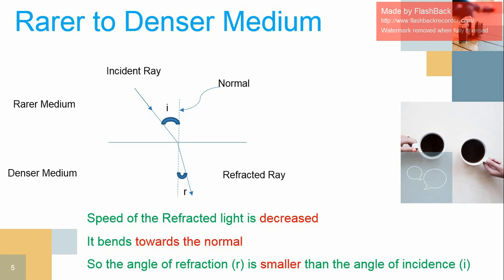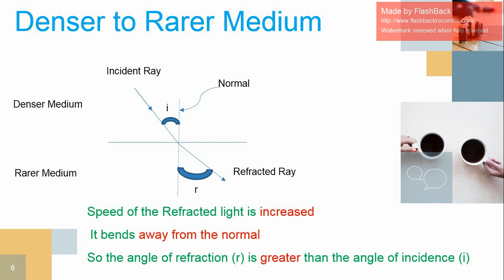So finally the angle of refraction is smaller than the angle of incidence. This is the angle of incidence, this is the angle of refraction. Here i is greater than r.